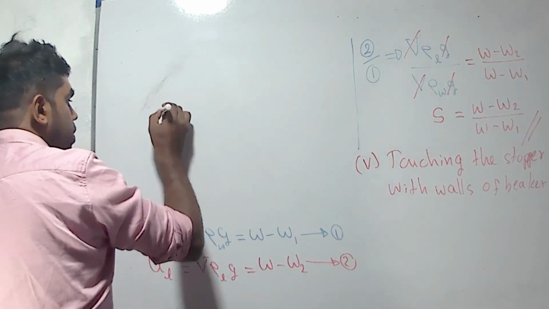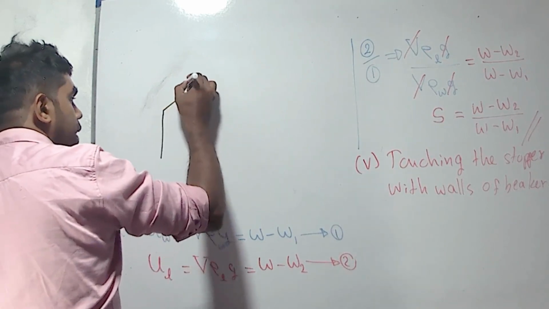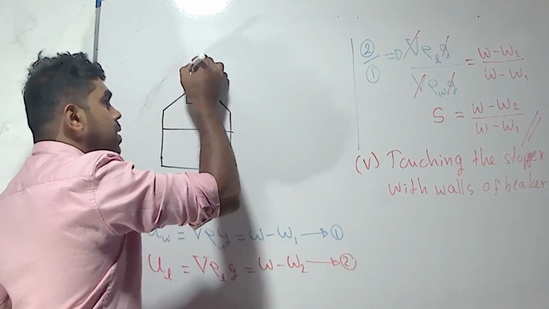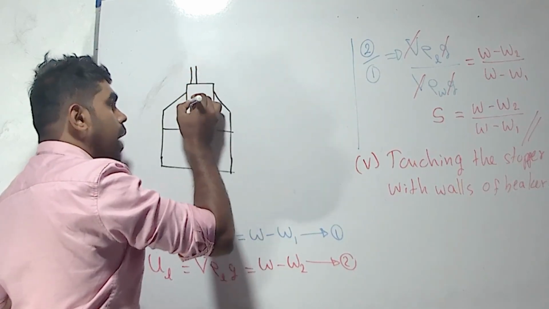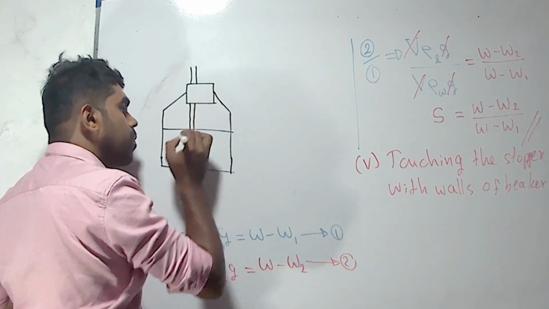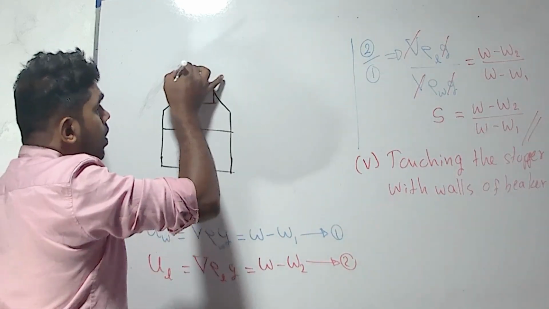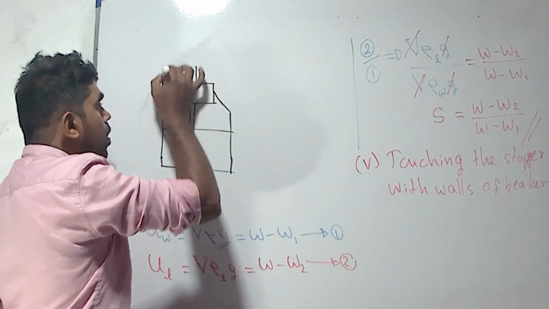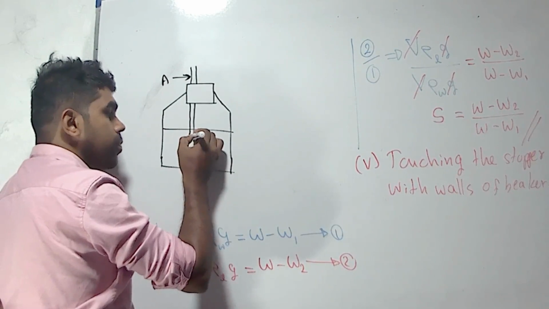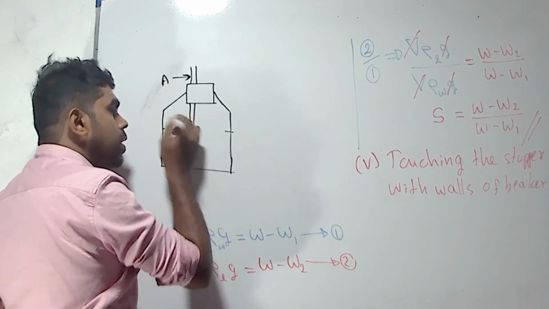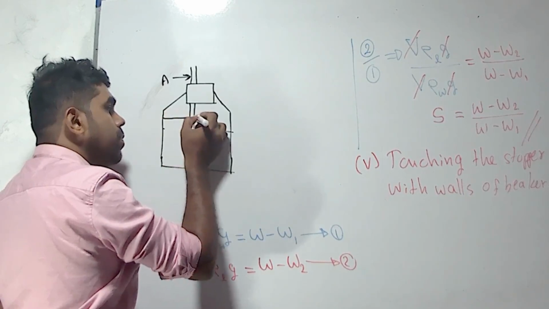We are using it to generate steam. There is a tube like this. It is tube A. We have to use the water level such that this tube A is immersed in water.